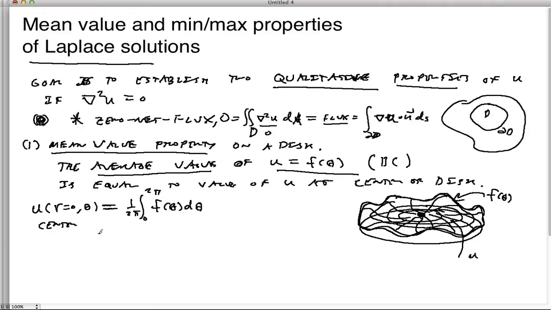So this is an exact mathematical expression, but I like to think of it as a qualitative property because it can be stated in words really simply, and it gives you some idea.